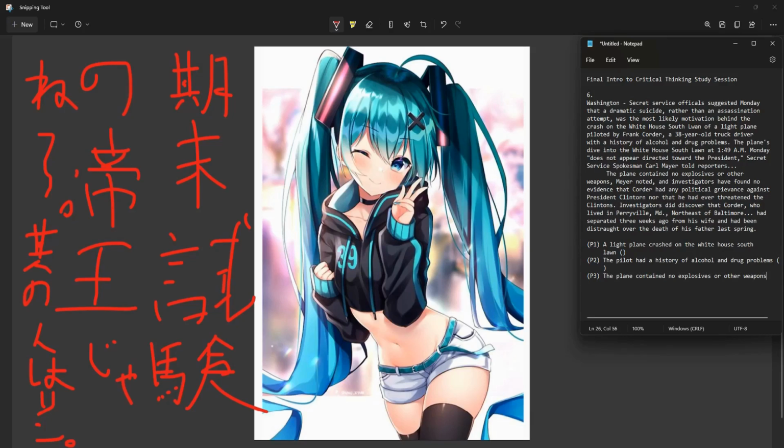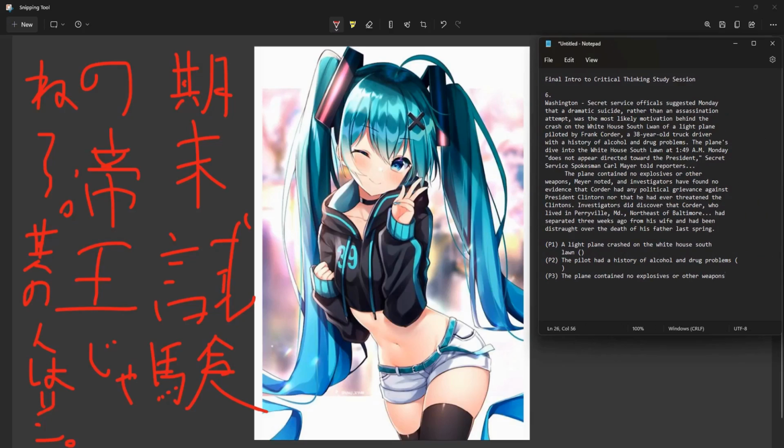Let's expand this a little bit more to the left. Okay, now we can write a lot more in the space. Good. No other weapons, which we'll explain if that's evidence or information later. P4 will be the pilot had no problems with the presidential family.